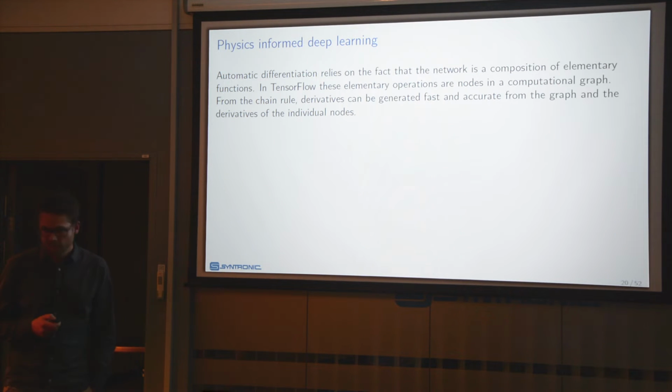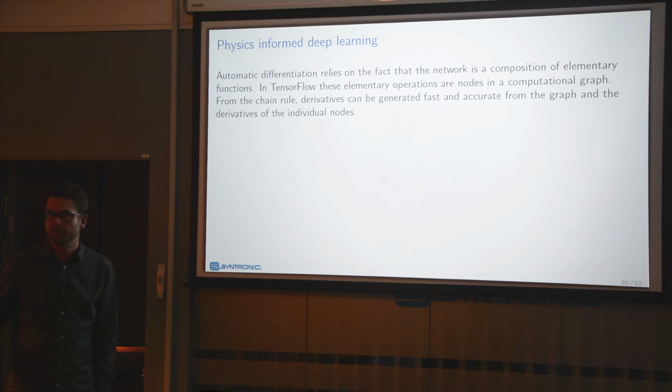And to do this, automatic differentiation is used. And so it relies on the fact that the neural network, or most functions, is a composition of elementary functions described by nodes in this computational graph that TensorFlow uses.